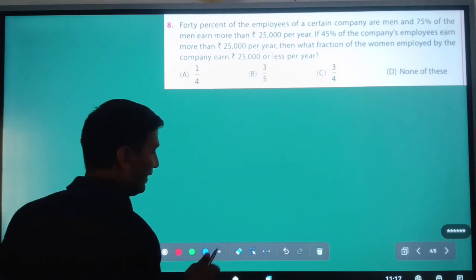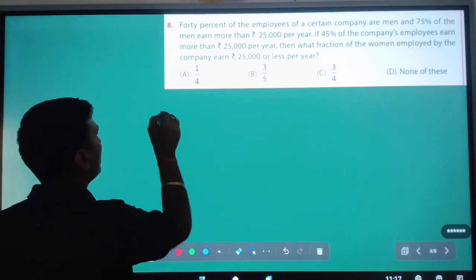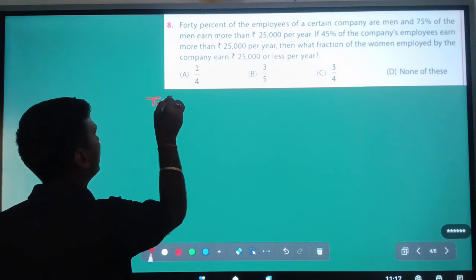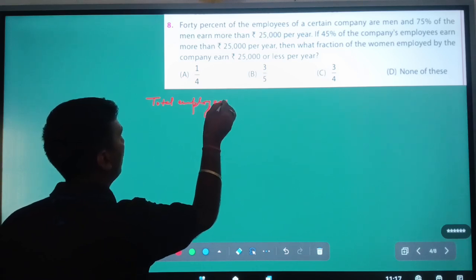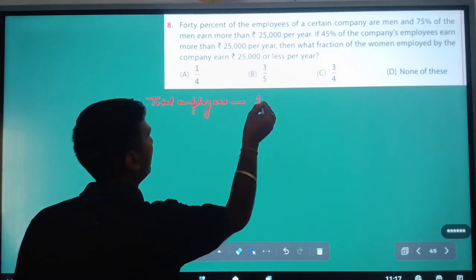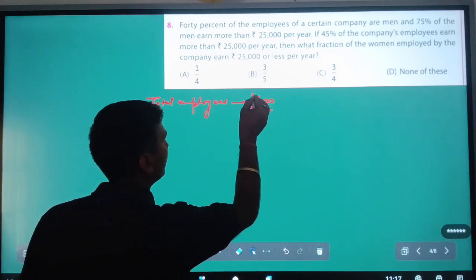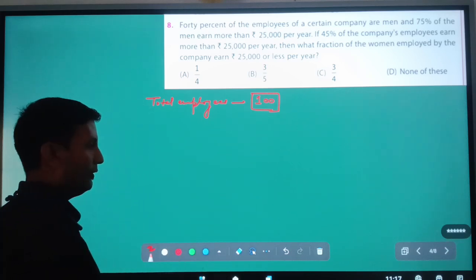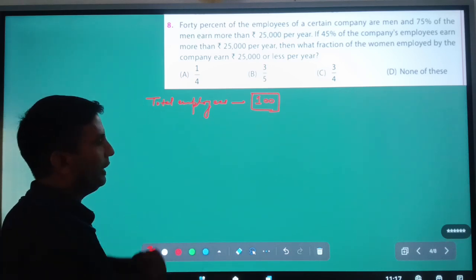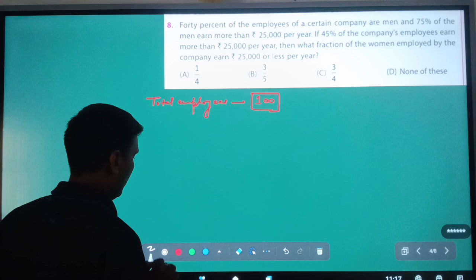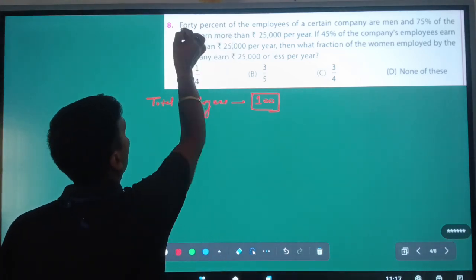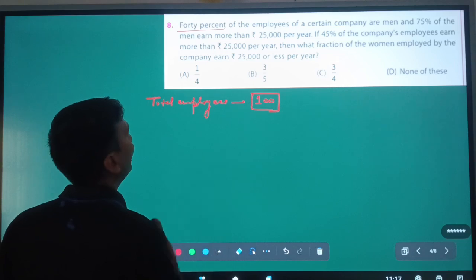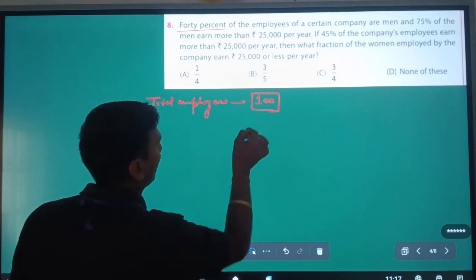So I will say that total employees you can take as 100, because we are comparing the things with the total employees. Total employees is 100, and 40% of that are men.